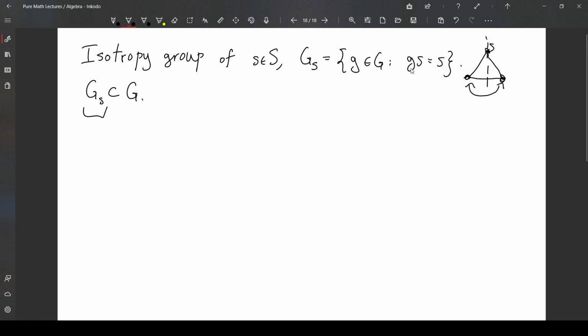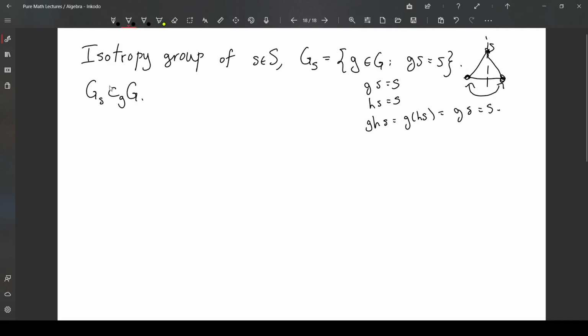Well, if I know GS equals S and HS equals S, then GHS is equal to G of HS. HS is S, so this is GS, which is S. Okay, so that just proves it's a group. So G_S is a subgroup of G.